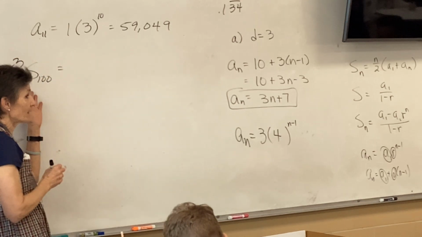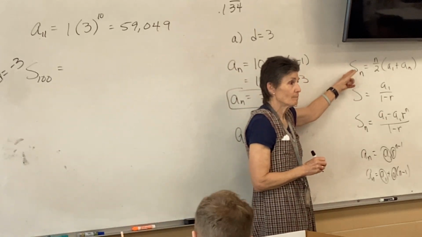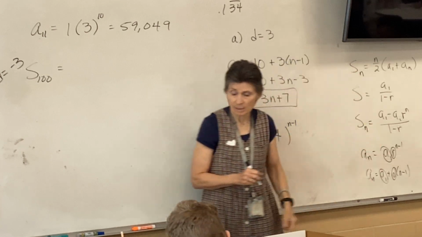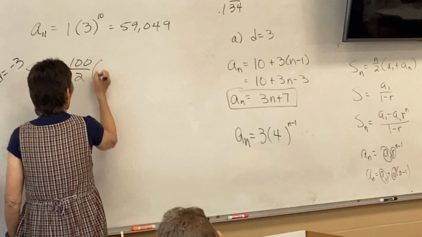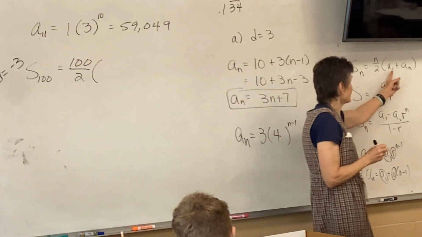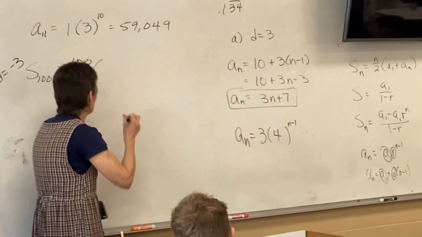So if it's arithmetic, it's this guy right here, right? The top one? Right? So here we go. S sub 100 will be 100 over 2. What does A sub 1 stand for? First term. And the first term is 32.